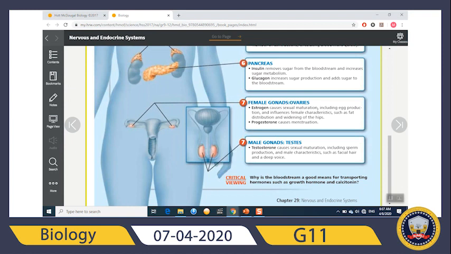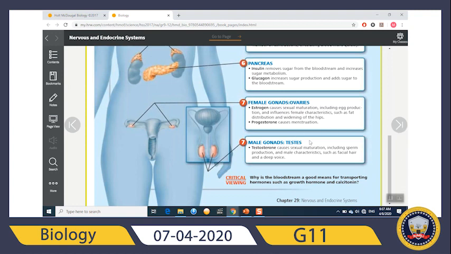And these characteristics are female specific, the wide hips and the distribution of fat. Progesterone causes menstruation, and helps in the monthly period or menstrual cycle.